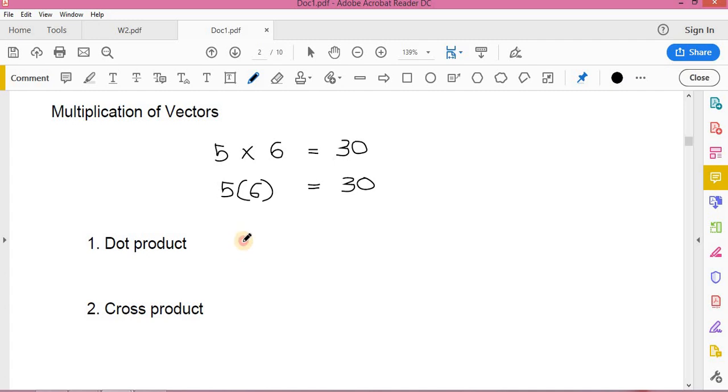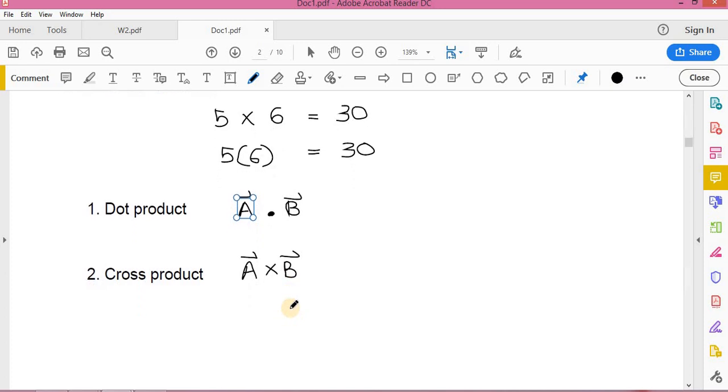For the dot product, which involves two vectors A and B, you will see a dot in between them. And for the cross product, you will see a cross in between them. They are different, but both of them are called multiplications of vectors. So we are going to learn how to perform this.